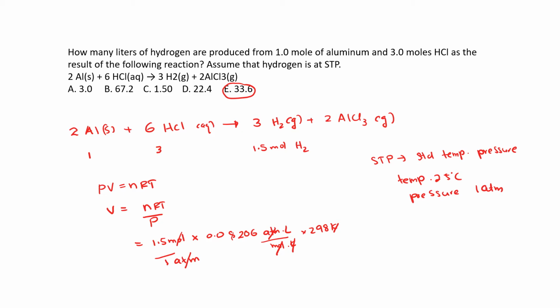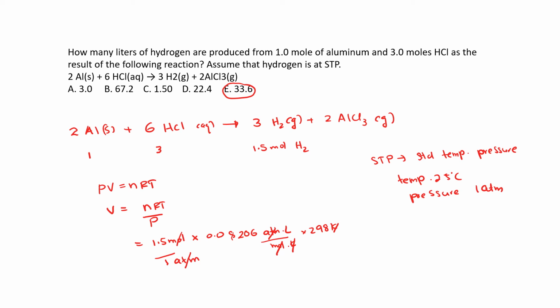So how many liters of hydrogen are produced from 1.0 mole of aluminum and 3.0 moles HCl as the result of the following reaction? Assume that hydrogen is at standard temperature and pressure. So STP means standard temperature and pressure. We are going to use PV equals nRT, and here it says 1 mole of aluminum and 3 moles of HCl.